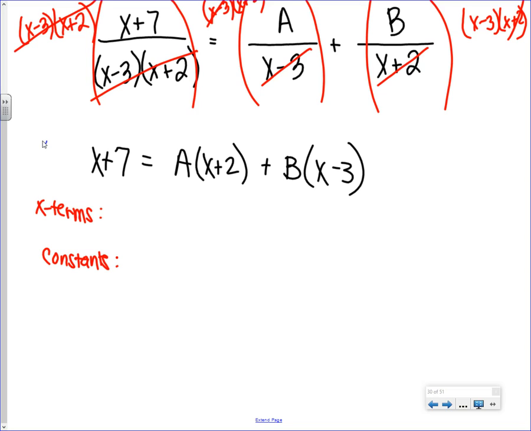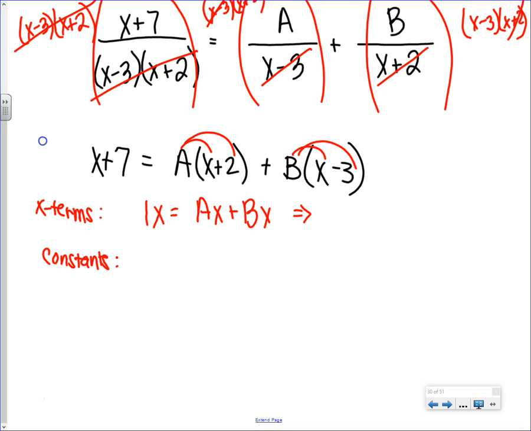Now there are cool tricks where we could plug in x is -2 to everybody, or x is 3 to everybody, and we'll see some of those tricks on Monday, hence why you don't want to do this entire homework this weekend, because there are tricks that make things faster. But long story short, if I take all of my x terms, I have one x from the left, and on the right, I would get ax plus bx.